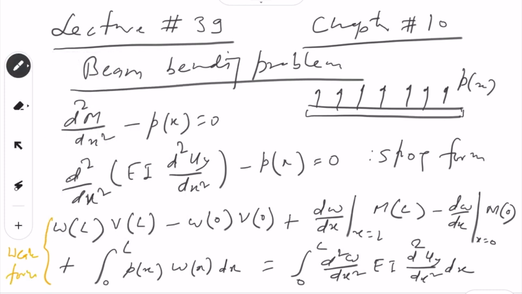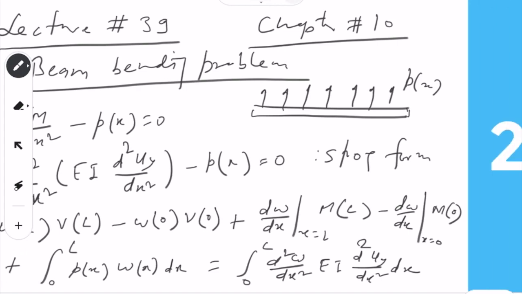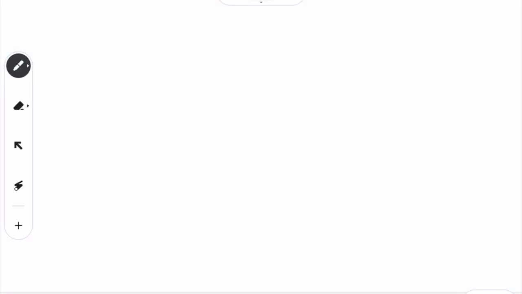Okay. So, we also have got, we said uy is a summation of Ni, not summation of, but we wrote like N1, which is function of x, times uy1 plus N2, all N1, N2, N3 all are function of x only.